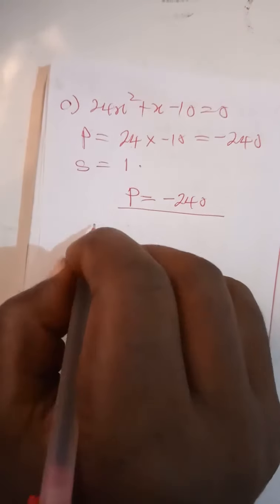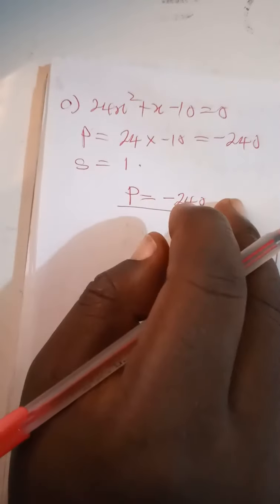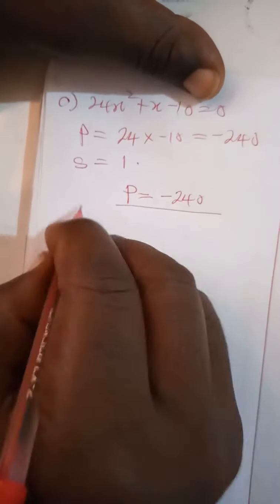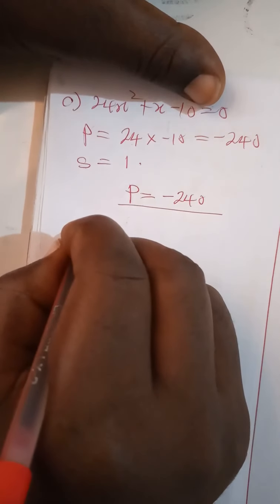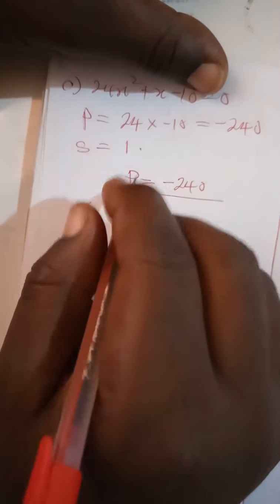I can just see that 16 can go, and you can get the possibilities yourself. I'm not going to do that again for you. We have 16 and 20 can go. 16 times 20, if you work out your possibilities, you get the factors.